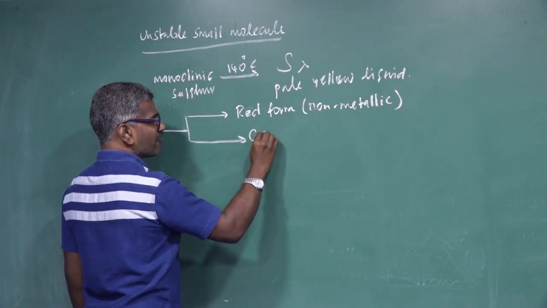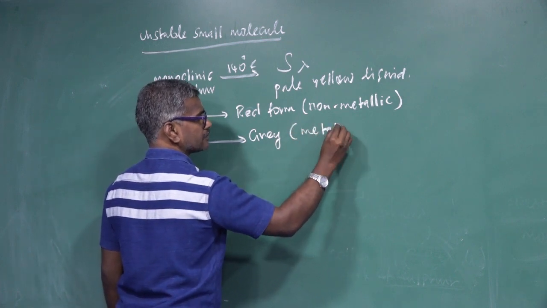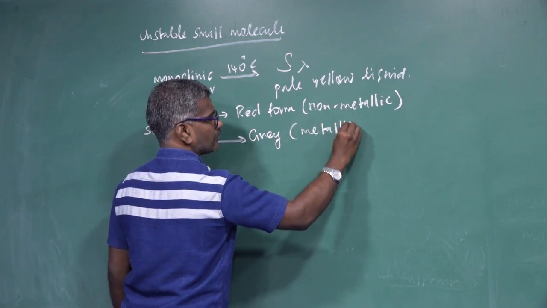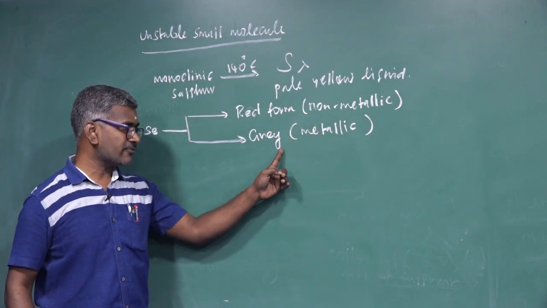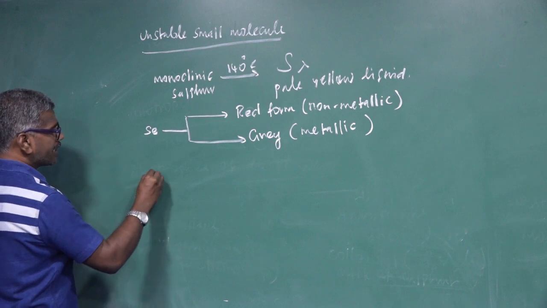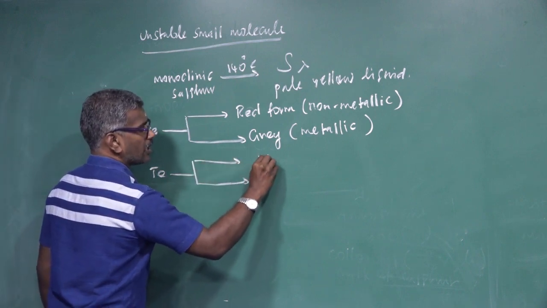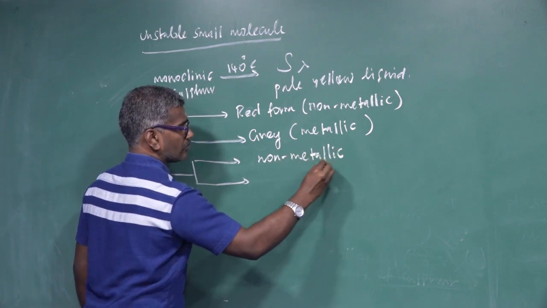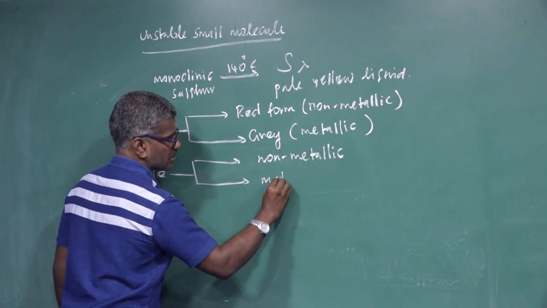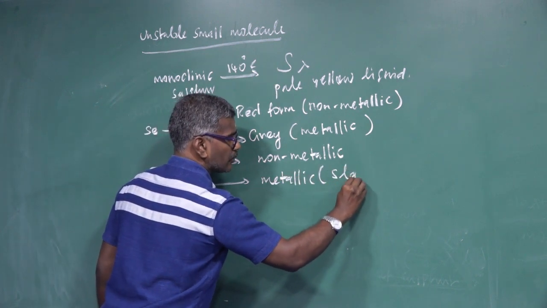Another one is a grey form, which is metallic. Tellurium exists in two forms: non-metallic nature and metallic nature. Among the two, the metallic form is stable.